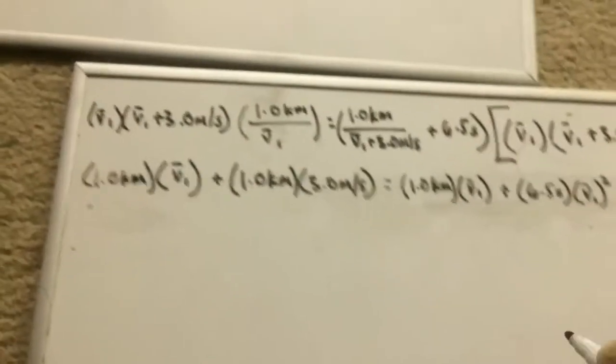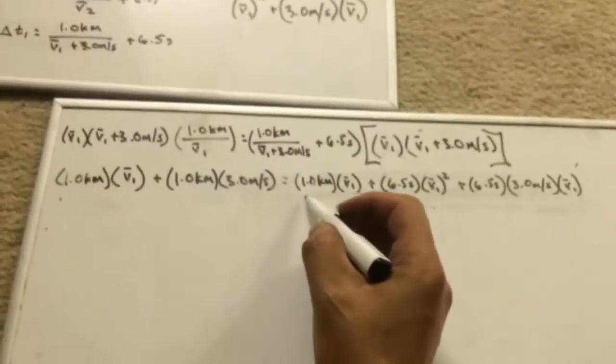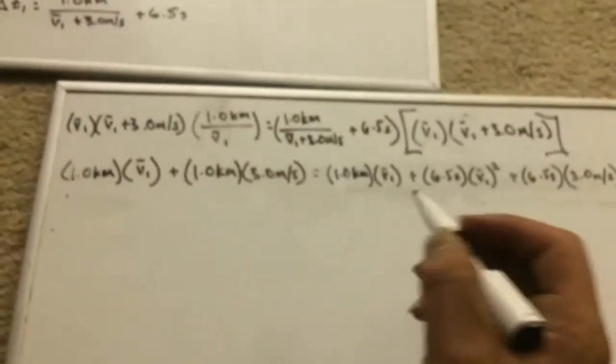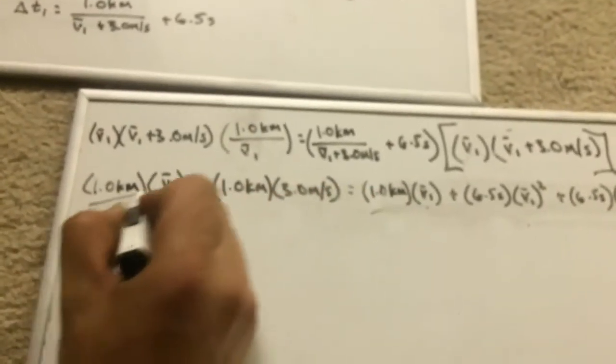Now what's going to happen is we're going to see that as we solve this equation, we're going to get rid of this, and we're going to get rid of that.